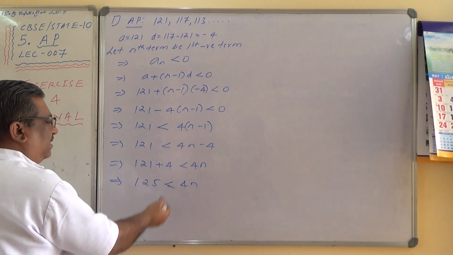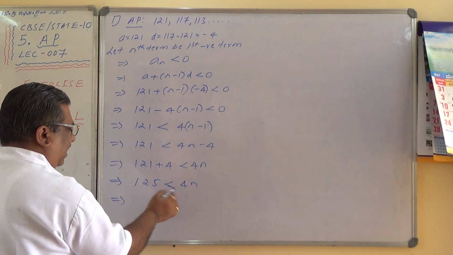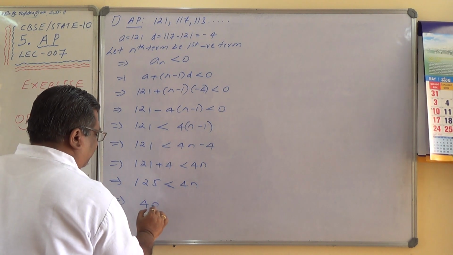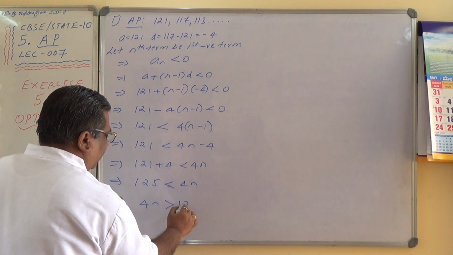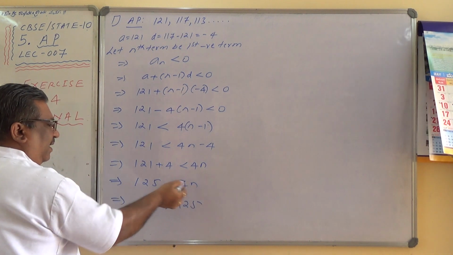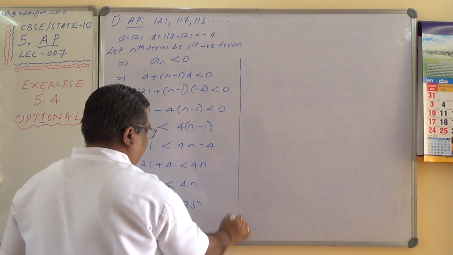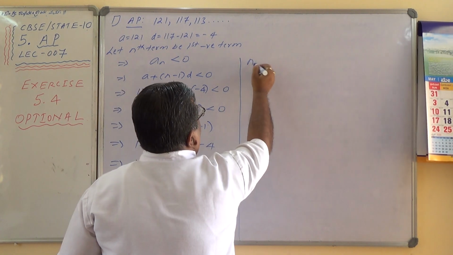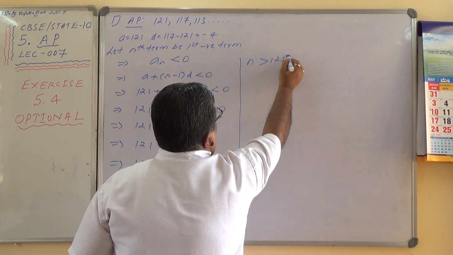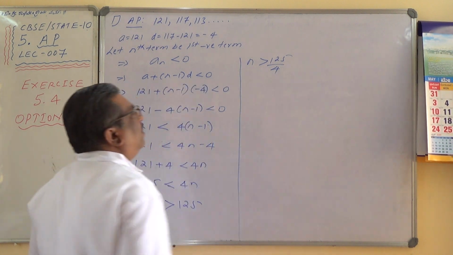So 4n is greater than 125, correct? I am writing this side, 4n is greater than 125. Both are the same here. And therefore n should be greater than 125 by 4.